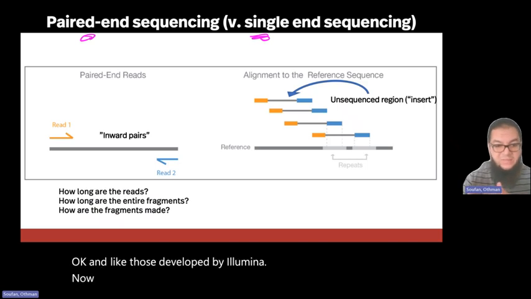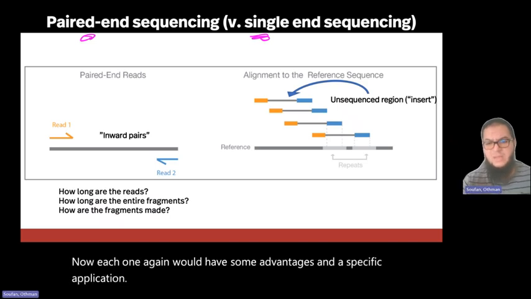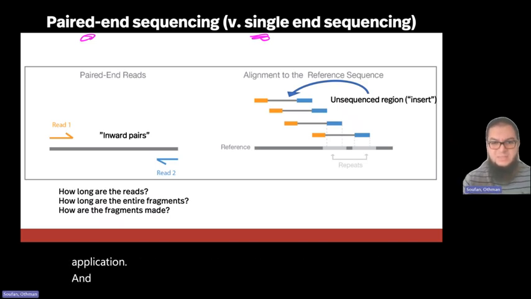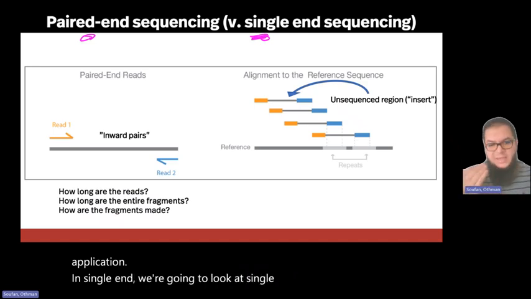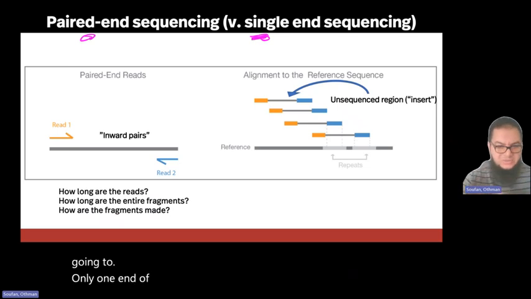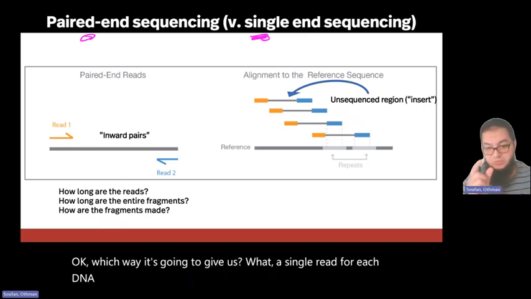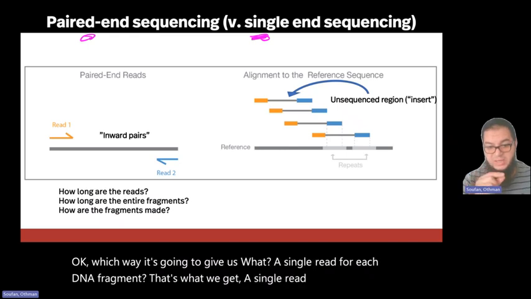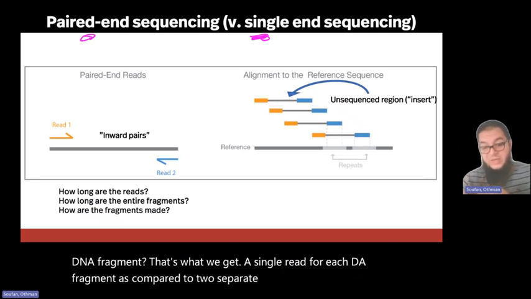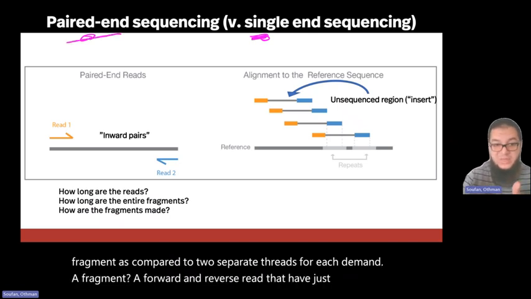Now, each one has some advantages and specific applications. In single end, only one end of each DNA fragment is sequenced, which gives us a single read for each DNA fragment, as compared to two separate reads for each DNA fragment, a forward and a reverse read, that I just referred to with paired end technology.